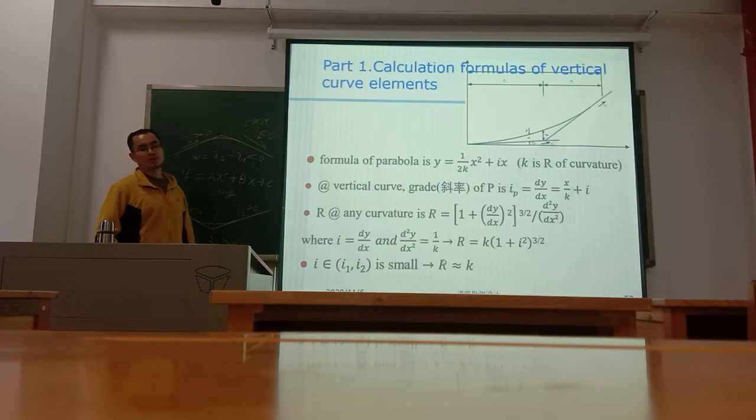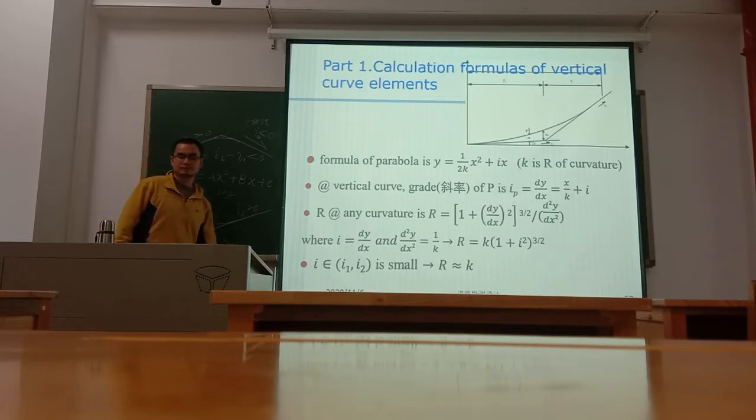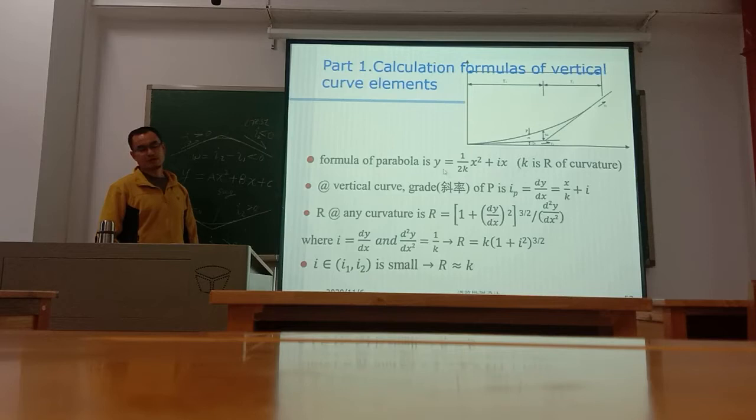The formula of a parabola is y equal to this. K is the radius of curvature.